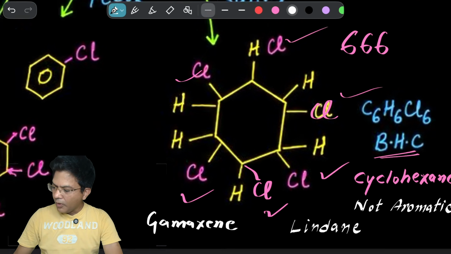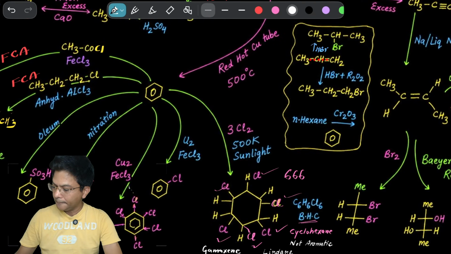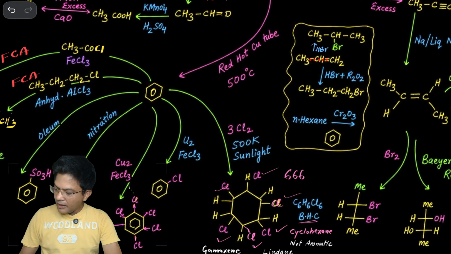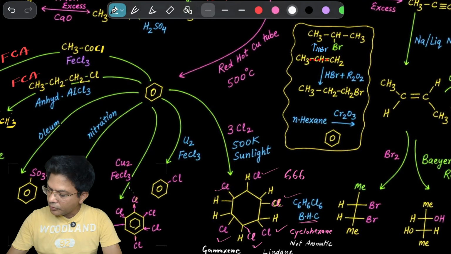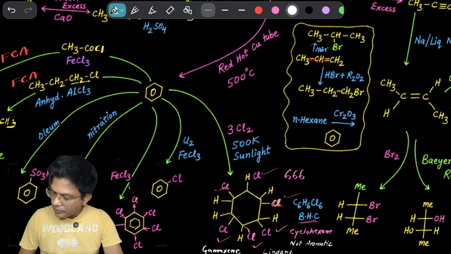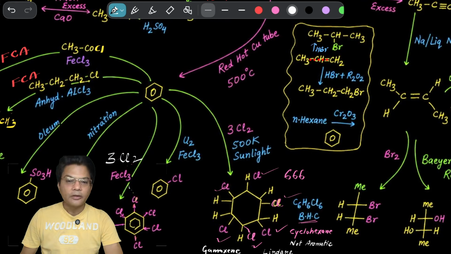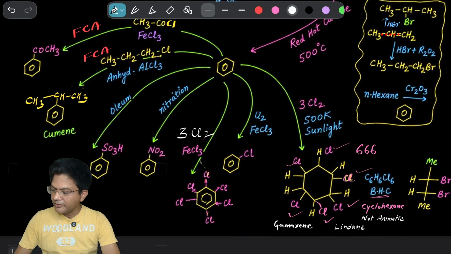Now see, one more compound where people generally get confused. If you react this, once again there is some misprinting here. It is Cl2 and FeCl3, 3 times Cl2. Now if you see, it is having benzene.